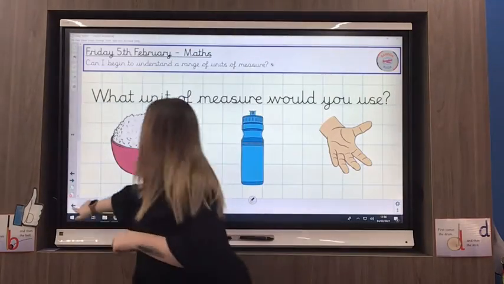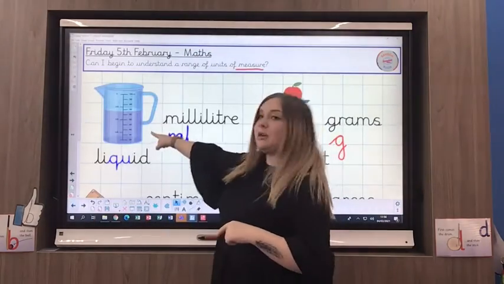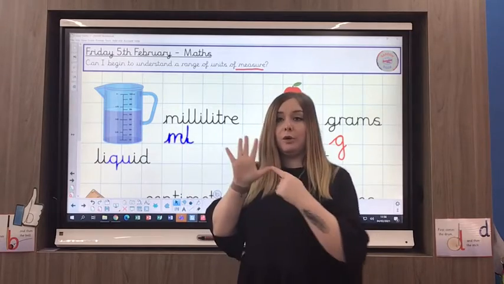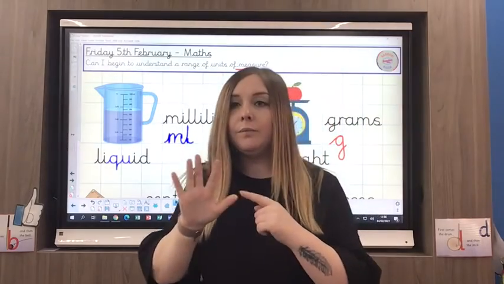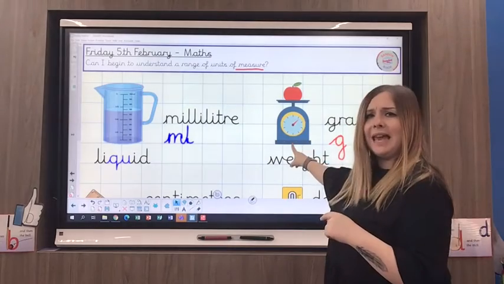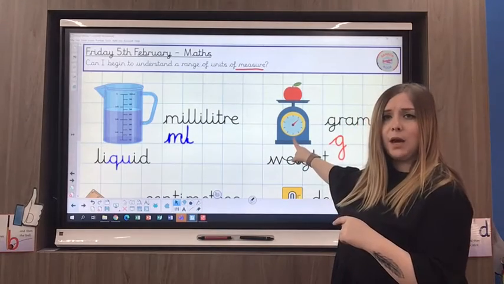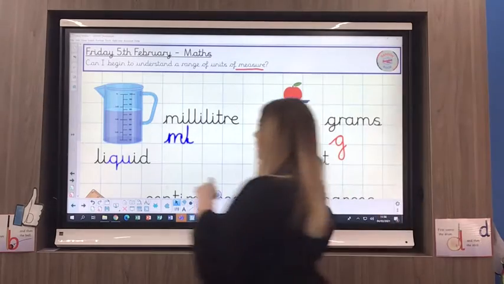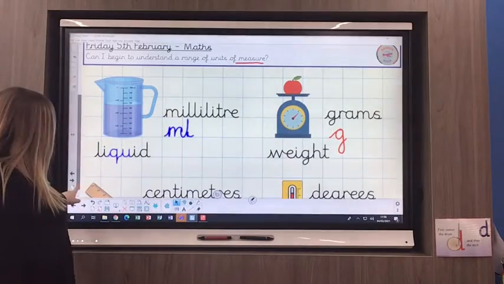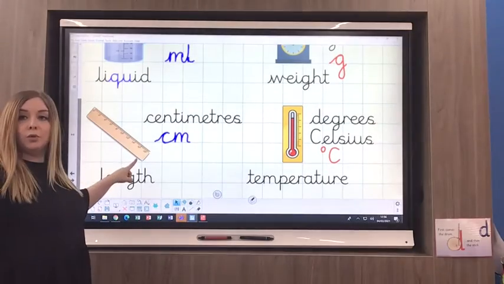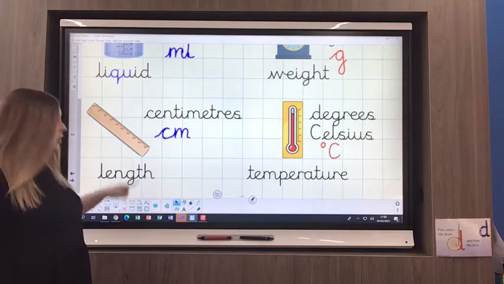Would I use a jug? Here, would that help me to find out how long my hand is? Would I use some scales? Would that help me to find out how long it is? Or would I use a ruler? Okay, so we'd use a ruler.